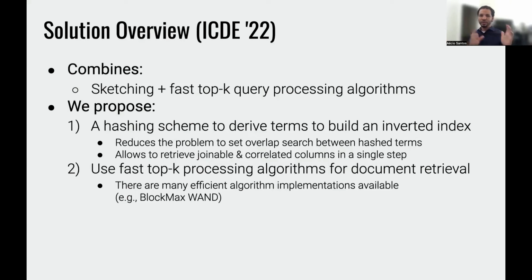Essentially, instead of doing two steps, in one single step, we can find tables that are both joinable and correlated by just doing set overlap search, right? And we again use an indexing approach where we use fast top-K processing algorithms to retrieve tables that maximize this overlap between the sets.